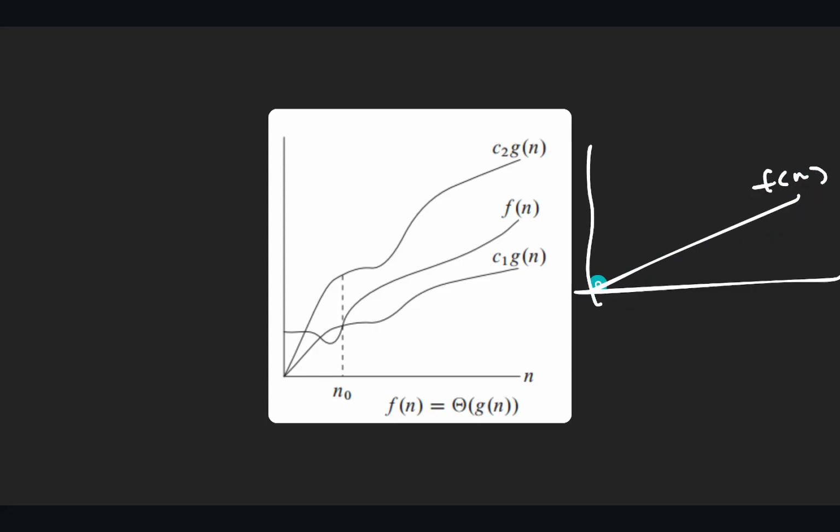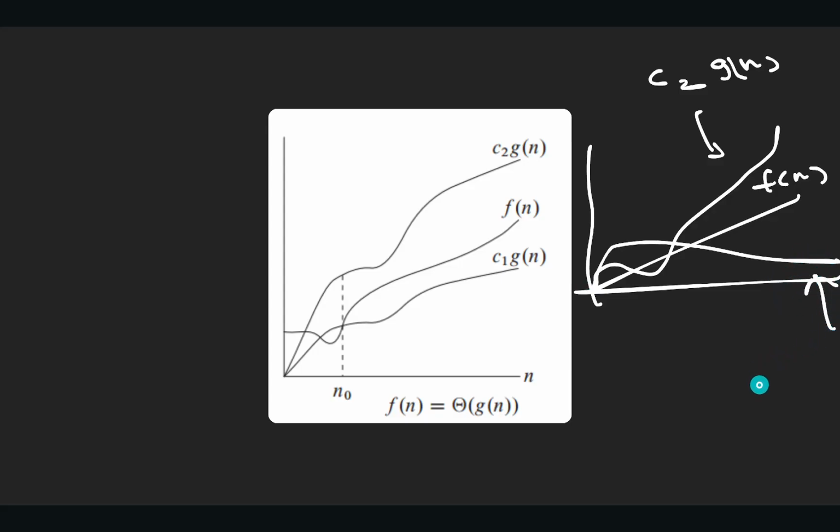There's this function, let's call it C2 Gn, and there's another function that goes like this, let's call this one C1 Gn. If you observe the points where these functions cross Fn, let's call them N2 and N1.